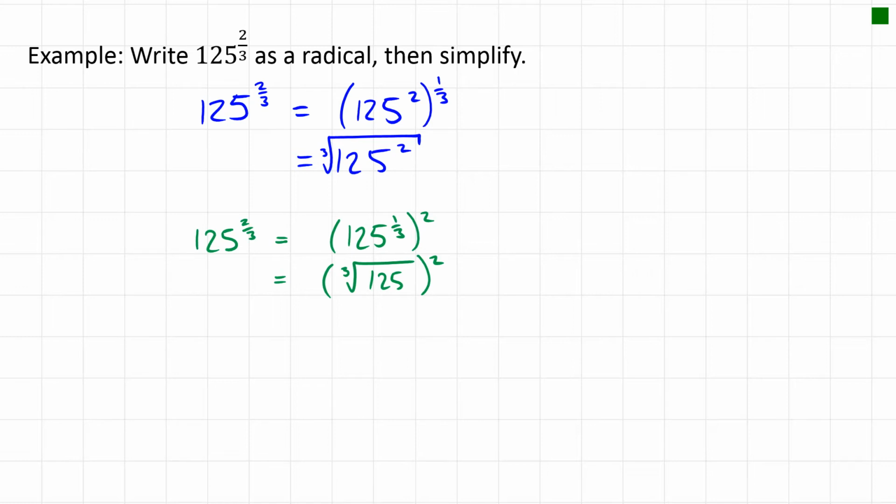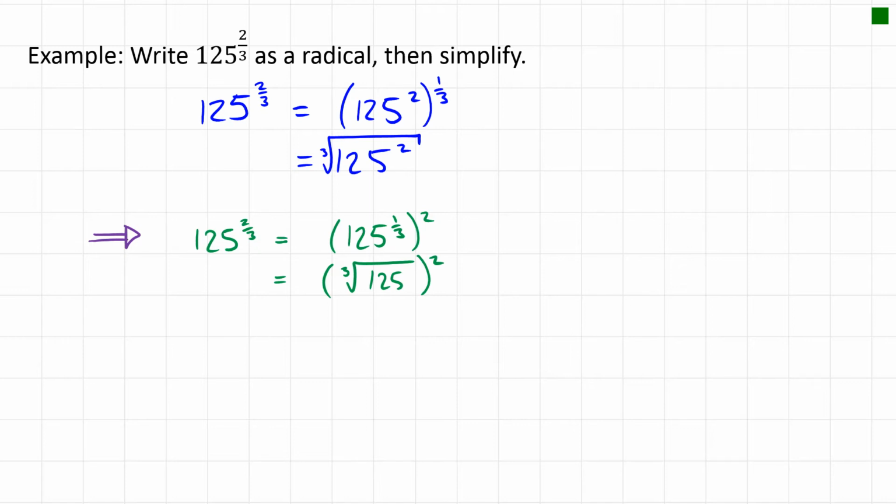Which of these two options for rewriting this exponent as a radical makes more sense for us? Well, I think hopefully you can see that it's the second one that makes our lives a lot easier, because I don't know what 125 squared is. It's some enormous number, and whatever it is, I'm not going to know the cube root of that.